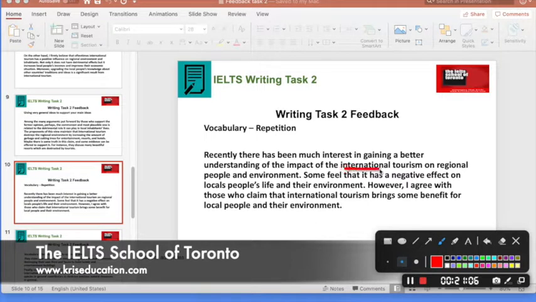And here, if you see this word is repeated, these words I repeat too many times in a paragraph. Don't do that. That does not help your grade in vocabulary. If you can't think of any synonym for environment, think of family words.